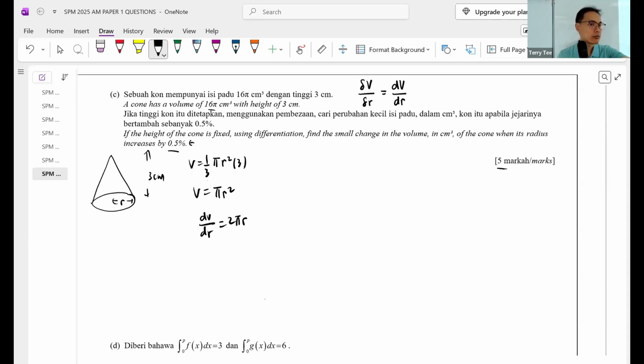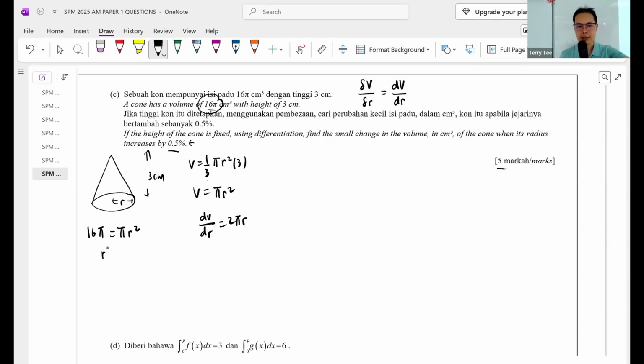Question is, what is r? Do you know what's the initial radius? Okay, we have some information. What does 16 pi tell us? 16 pi is the volume. Yeah, the initial volume, right? So your volume is 16 pi. So we take this one, pi r squared.